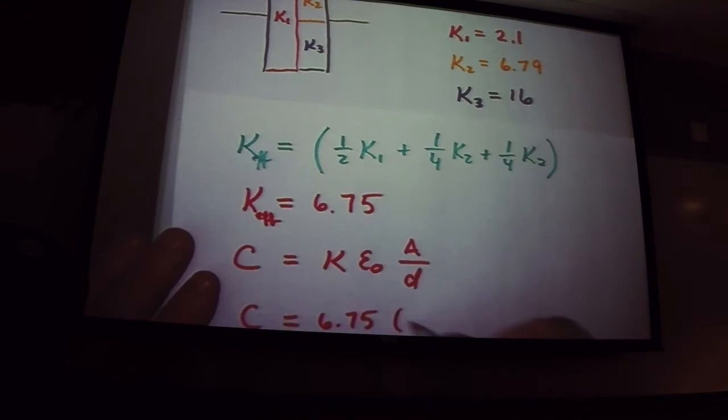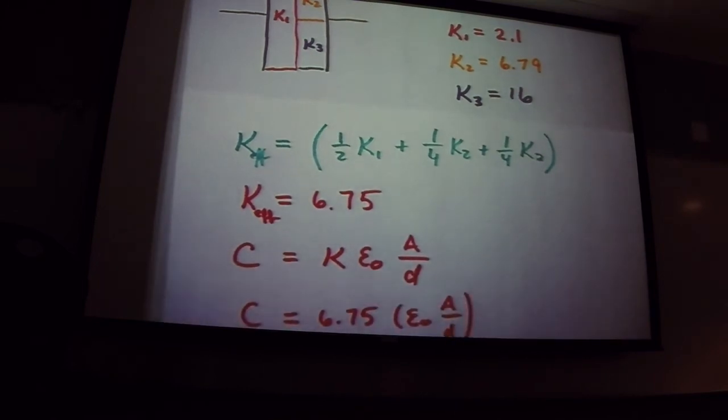Let's just leave this in terms of epsilon naught, A and D, because I don't like the 8.85 times ten to the negative blah, blah, blah. Is that okay?